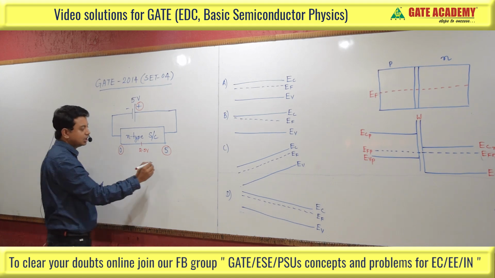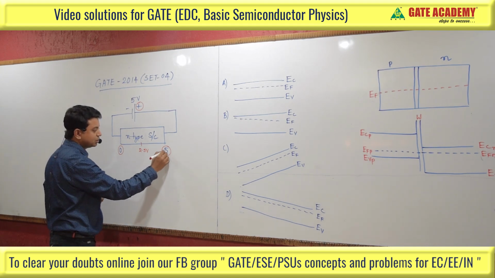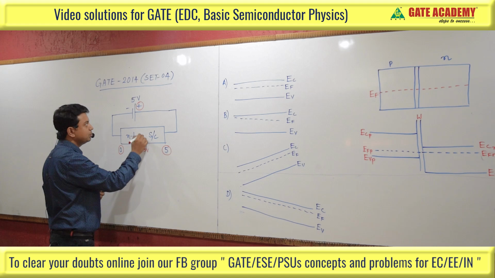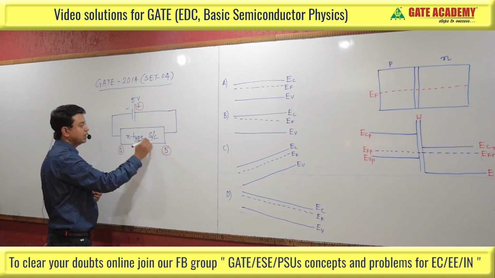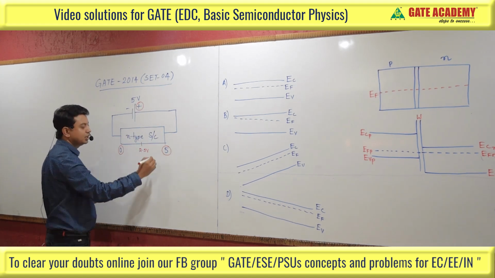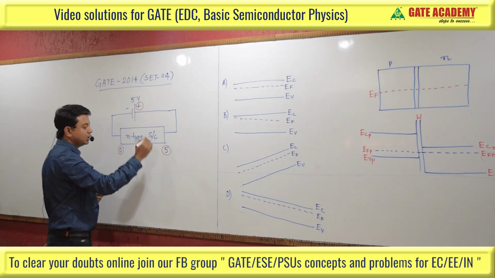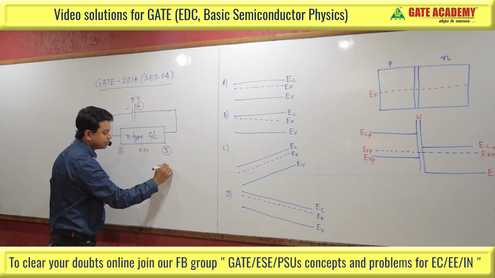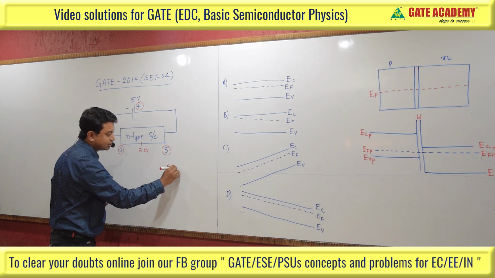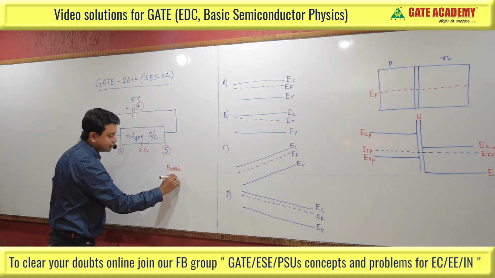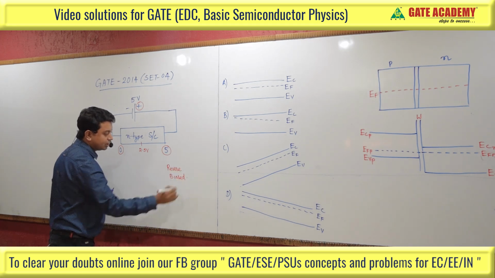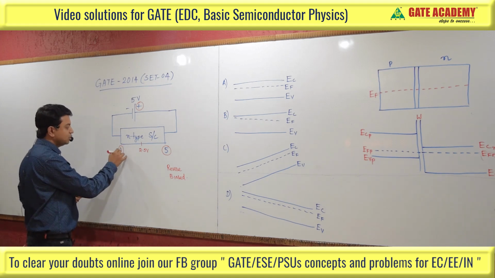So I am writing here: in this semiconductor, because of this 5 volt, n-type and positive polarity on the right side, that means when positive polarity is applied to an n-type semiconductor, it is reverse biased. On the left side, we have 0 volt.